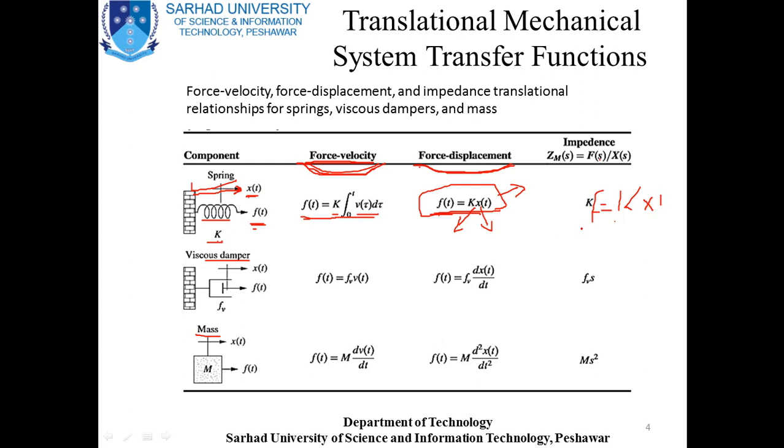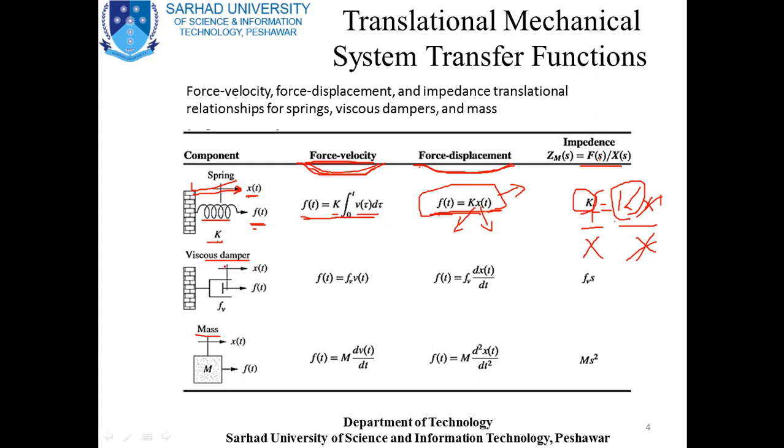Similarly, if you divide x on both hand sides, you will be getting F by X is equal to only k. So you can see that F by X is normally known as k by using this equation.